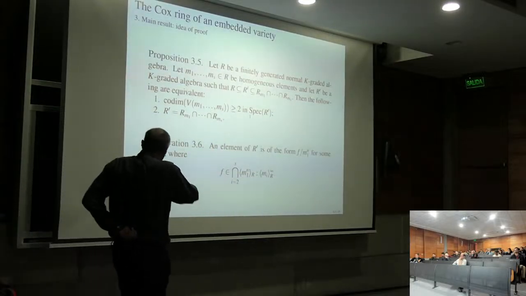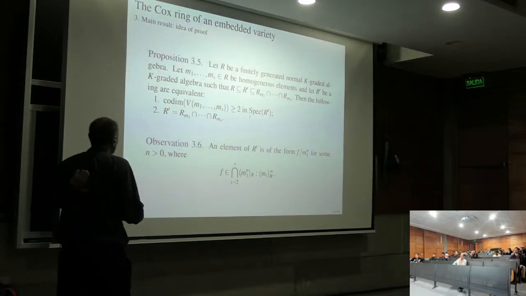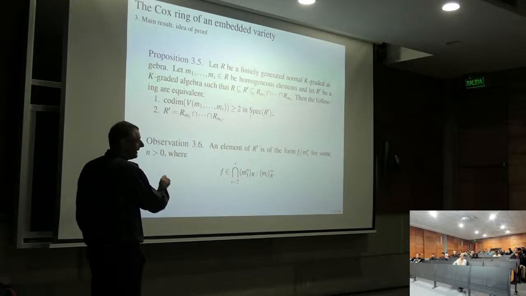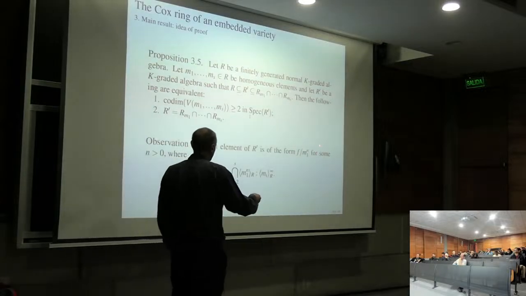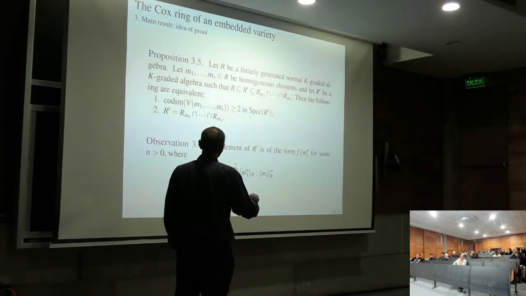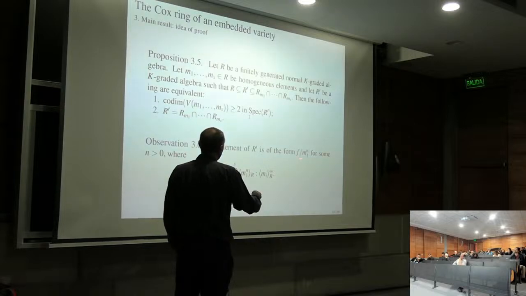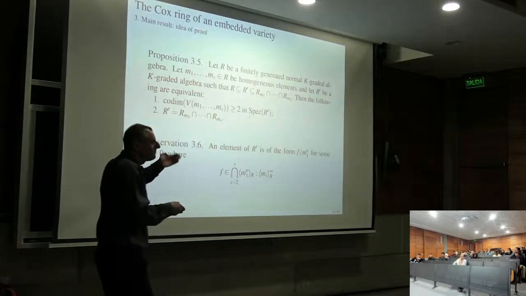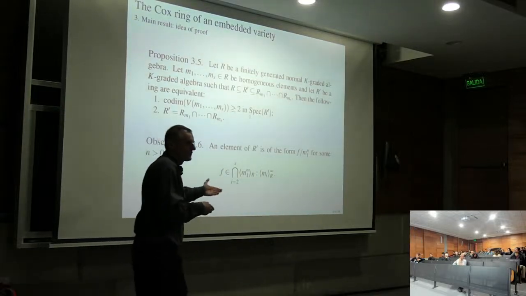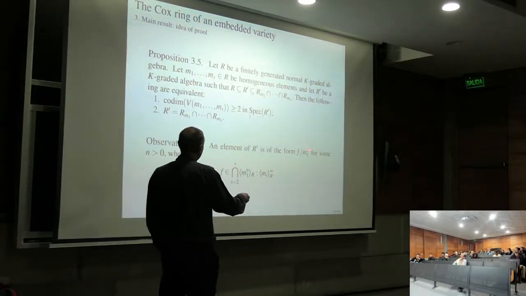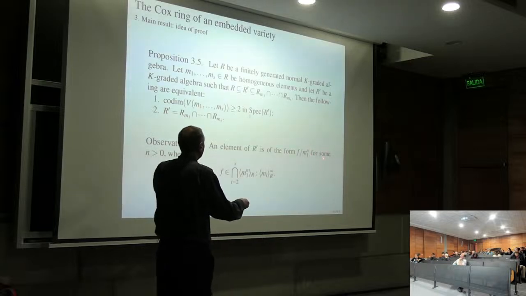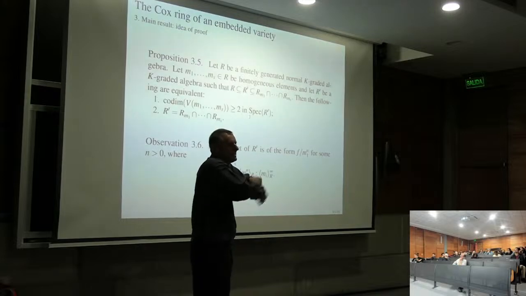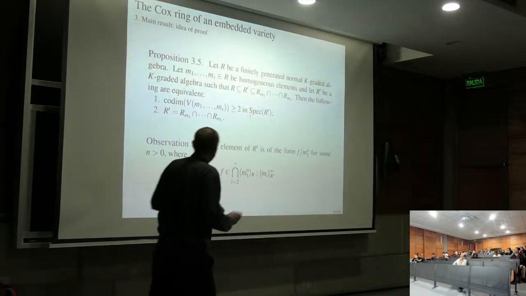Okay. Another observation is where to look for new generators, so in which way you can form this R prime. Well, we are looking for fractions of this form, because if you are in a localization by M1, you have a fraction of this type, which can be written as a fraction of another type, some f over M1 to the n, which can be written as a g over M2 to the m.